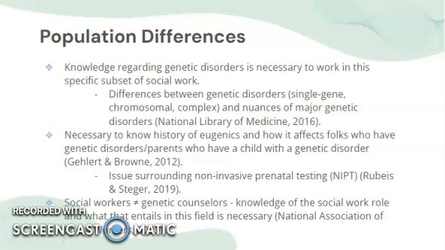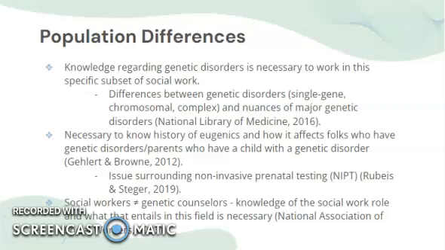And getting into the sciencey side of things, it is helpful to understand the differences between different genetic disorders. Single gene, where one gene is affected or mutated, an example would be cystic fibrosis or sickle cell anemia. Chromosomal, where a chromosome is not there at all, or you have an extra one, or it's just altered in some way.